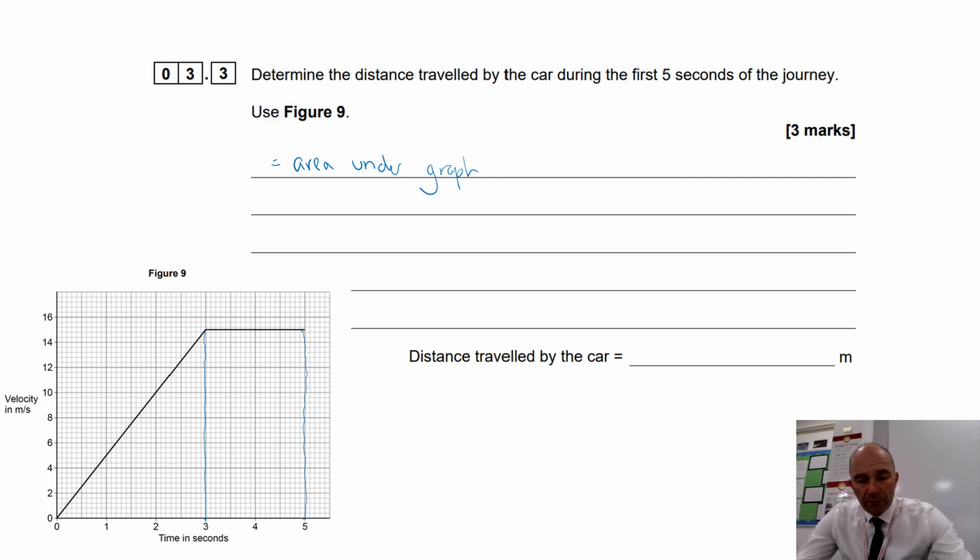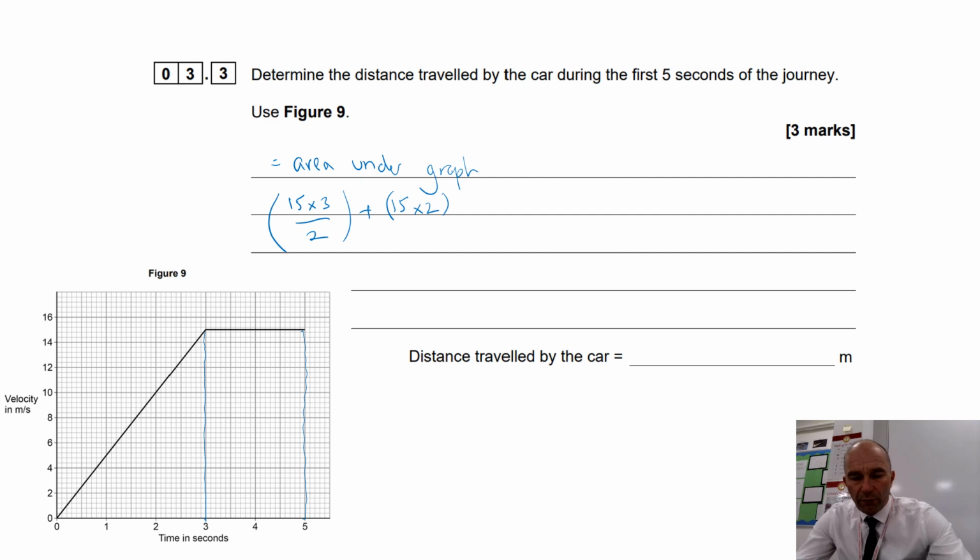So if you remember, area of a triangle is base times height divided by 2. So we've got 15 times 3, but divided by 2. And then we need to add that to the area of the rectangle, which is going to be 15 times 2.